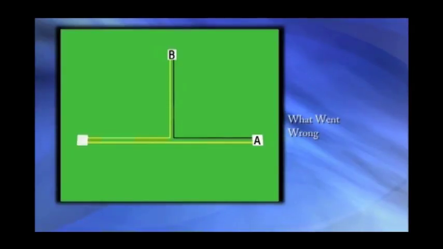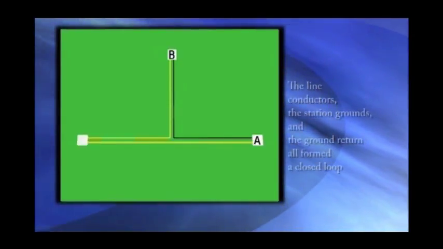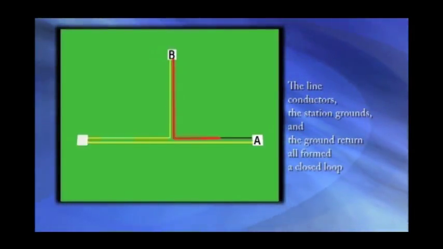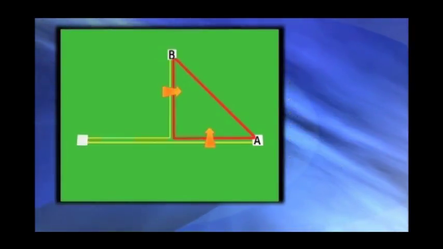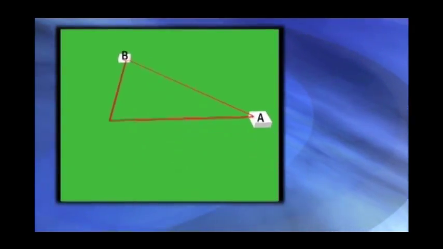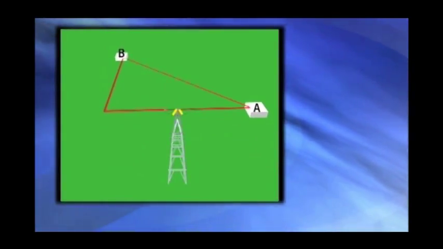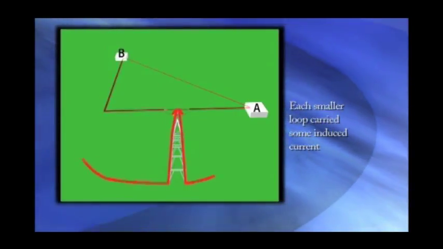Because the de-energized 115 kV line was grounded at substations A and B, it formed a closed loop consisting of the line conductors, the station grounds, and the ground return. The magnetic field of the other energized 115 kV lines induced current in this loop. When the temporary grounding cables were installed on the structure, the loop was divided into smaller loops.